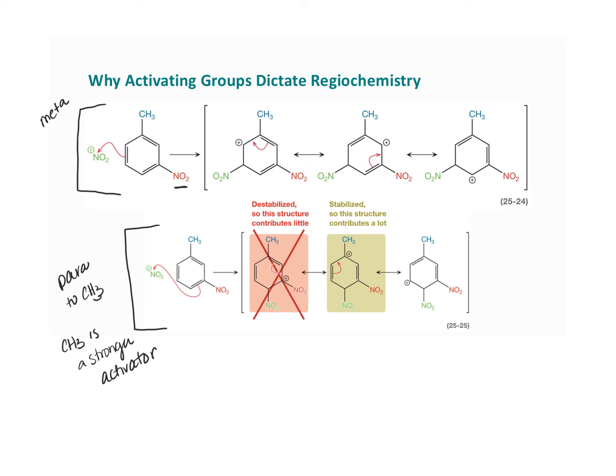Now, when this electrophile attaches in the para position, we are going to have one resonance structure that is super, super duper stable because the positive charge is going to be on the carbon bearing the CH3, and that CH3 or that R group is going to donate electron density to help stabilize it. And so this other one is not very stable at all. And so what we see here is, because this one is so much more stable, that's why the para is more likely to form, okay?